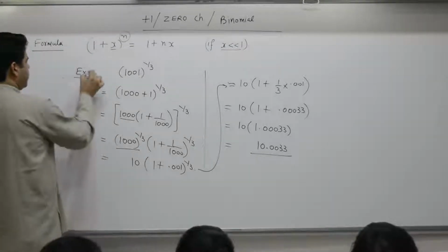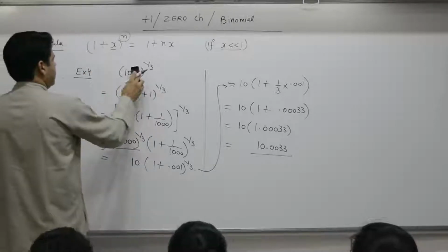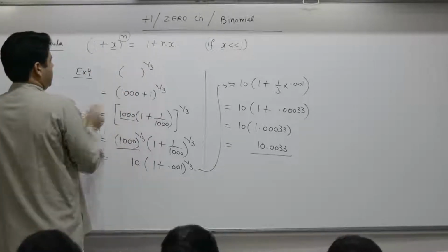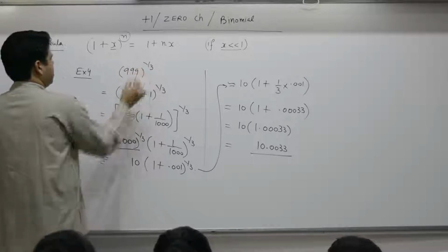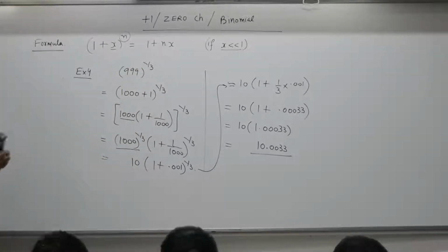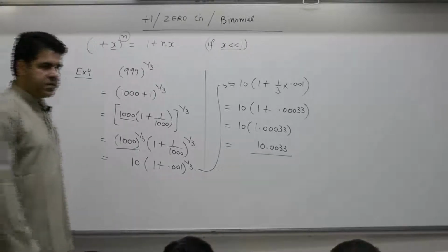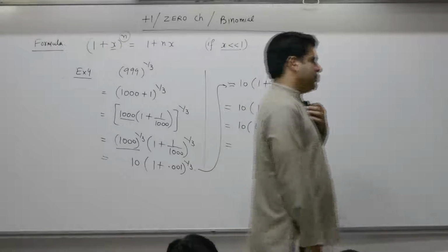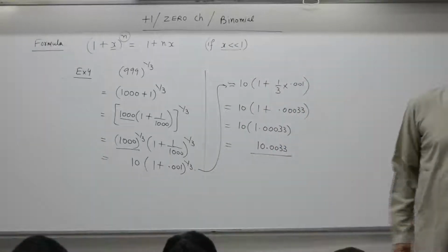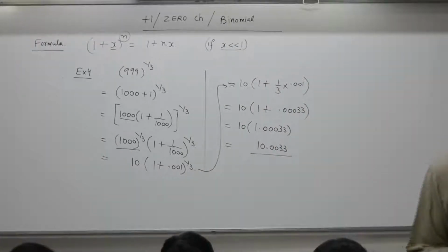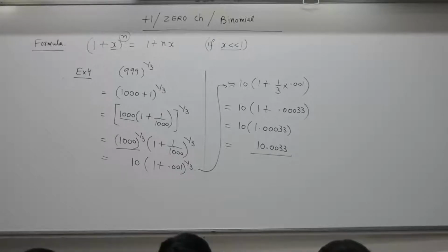Example number 4. Triple nines power 1 by 3. 2 minutes with you. Triple nines power 1 by 3, approximate value, yes, anyone? Slightly less than 10. Agreed or not? The value is slightly less than 10.